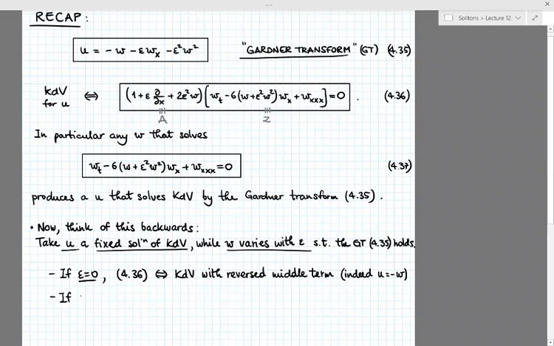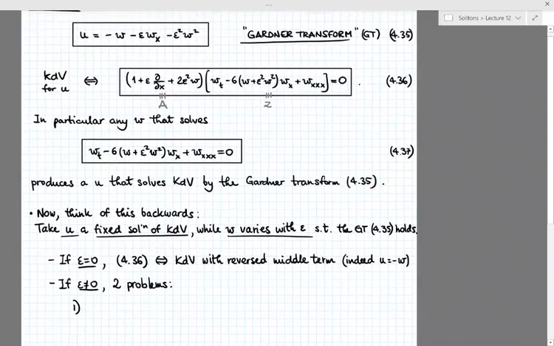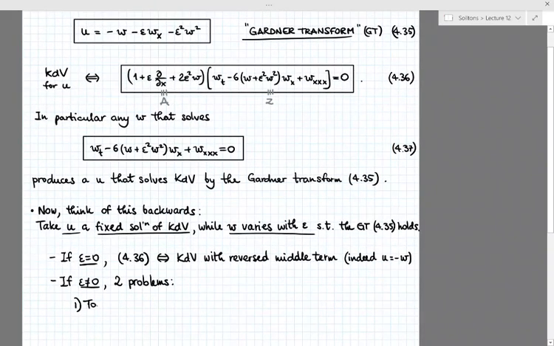On the other hand, if epsilon is not equal to 0, then we encounter two problems. The first problem is that to obtain w in terms of u, we need to solve a differential equation, which is the Gardner transform 4.35.